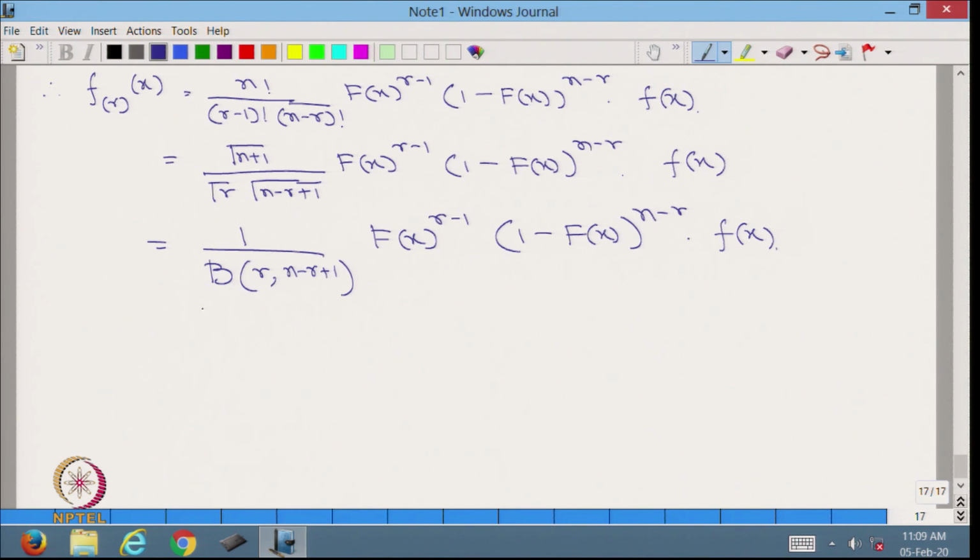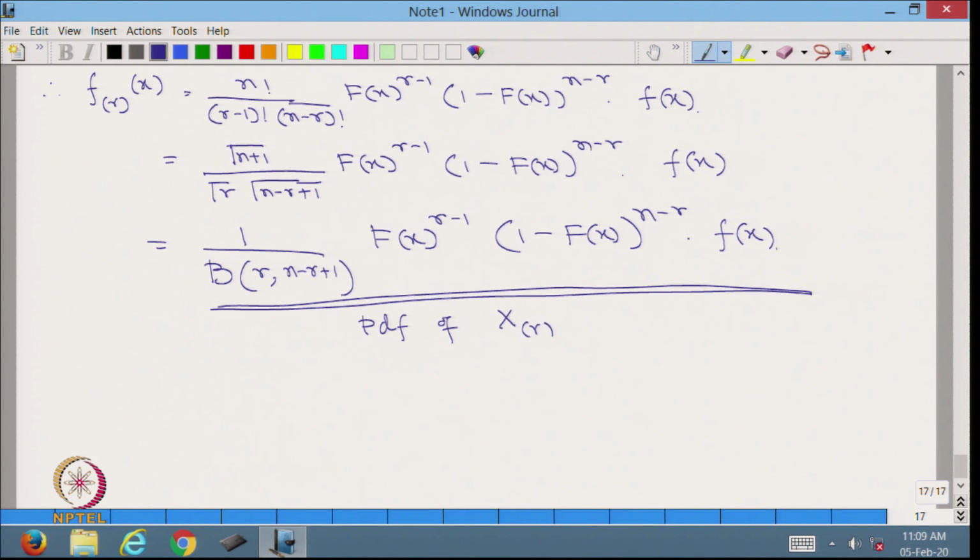So, this is the PDF of the rth order statistic, namely X_(r).